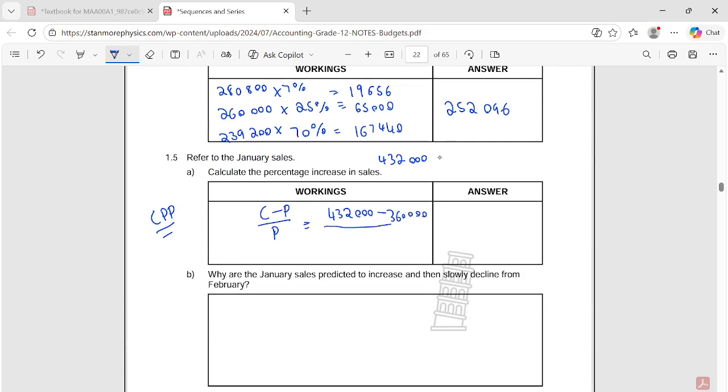I divide by the previous, which is 360,000. Then after getting the answer, I multiply it by 100%. So 432,000 minus 360,000 is 72,000. So 72,000 divided by 360,000.